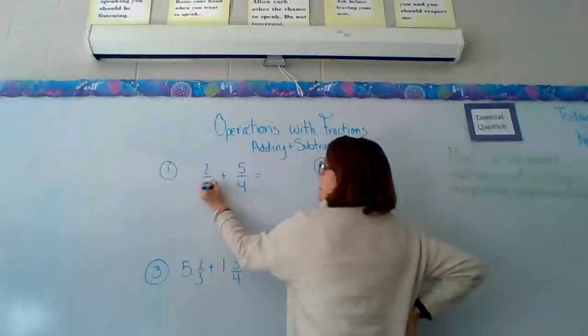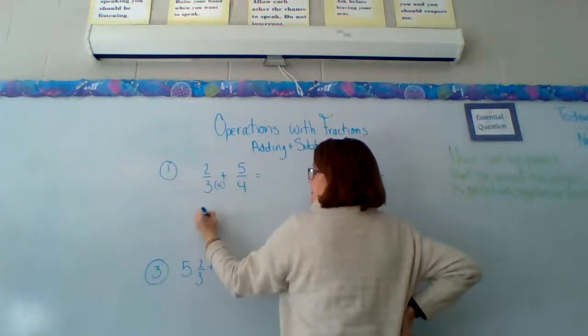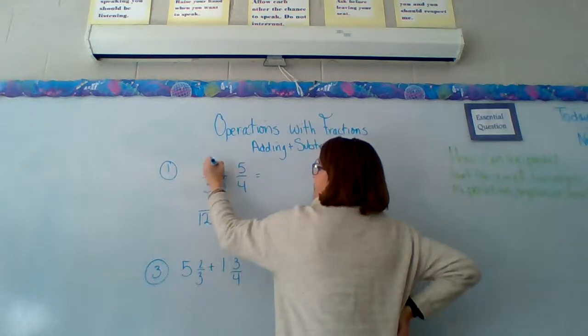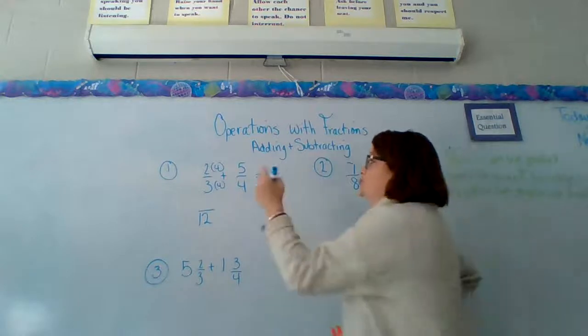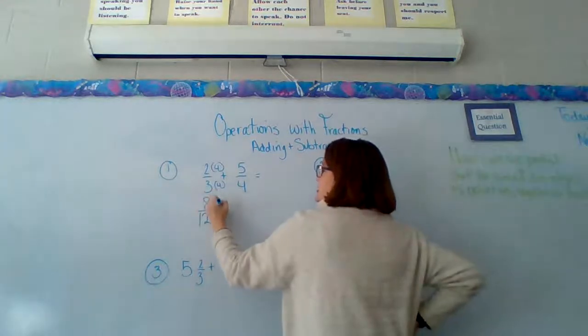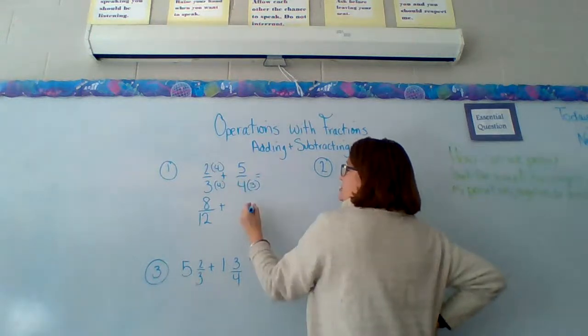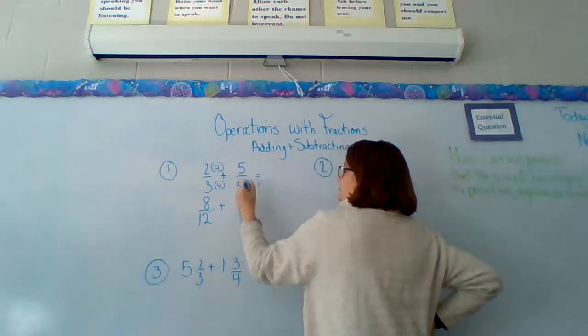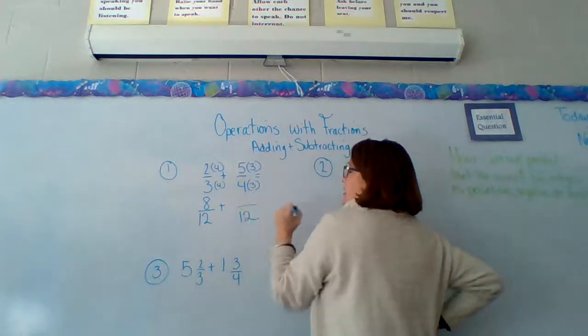So I'm going to multiply 3 times 4 to get 12. And I have to remember that I need to multiply my numerator by the same number as well. So 2 times 4 gives me 8. And I'm going to multiply 4 times 3 to give me 12. And again, I have to multiply my numerator by the same number, and I get 15.